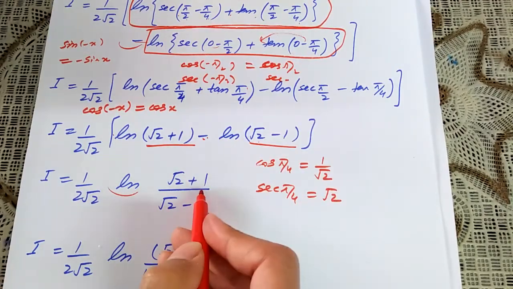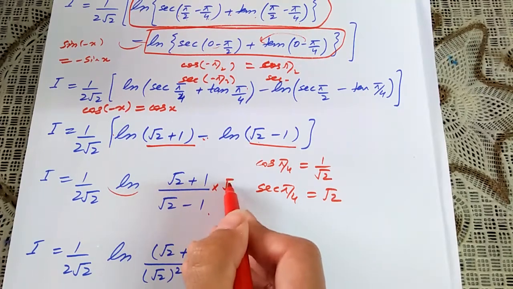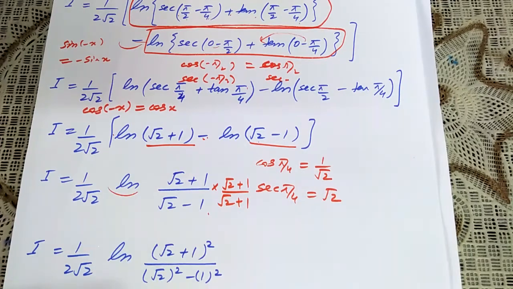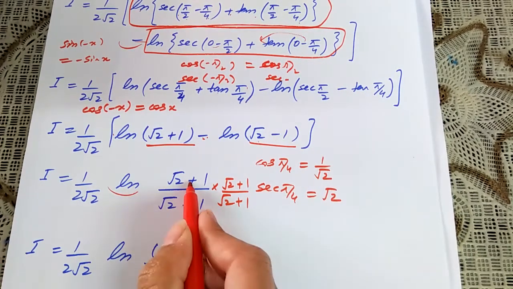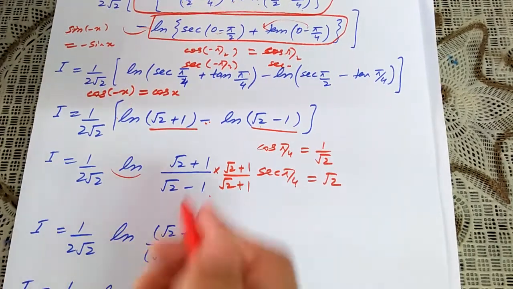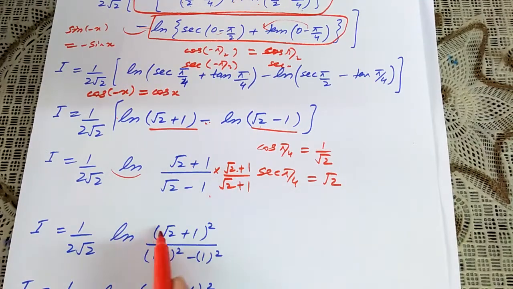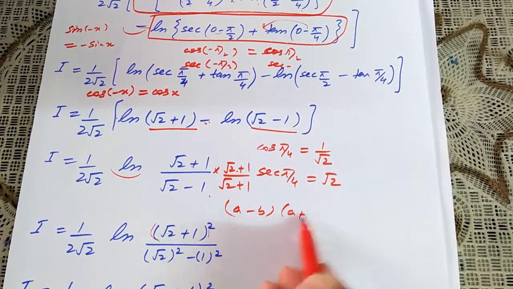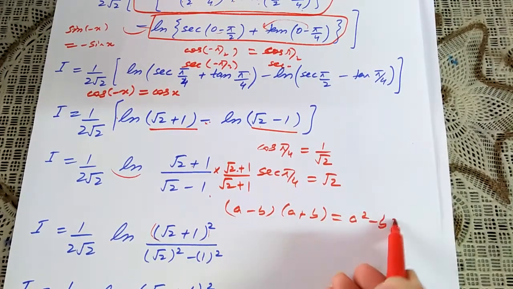Now I am going to rationalize it. I am rationalizing it by multiplying and dividing with the conjugate of the denominator. The upper thing is the same, so I can write it as a whole square. The lower thing is (a minus b) into (a plus b), which equals a square minus b square.